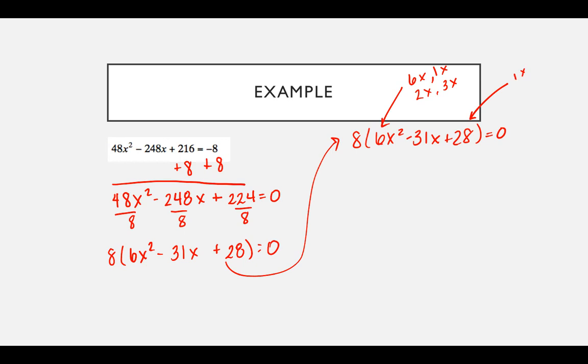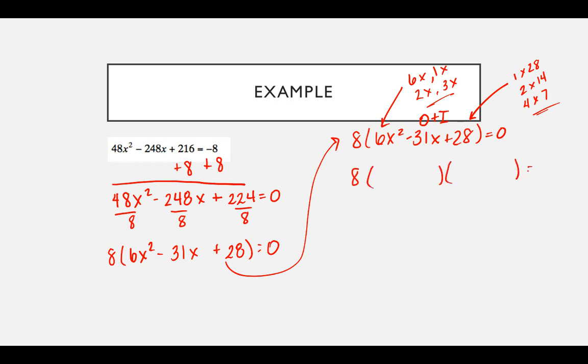So I can get a 28 from 1 times 28, 2 times 14, 4 times 7. And so what I need to do is figure out what combination of these two paired with what combination of these two will give me outside and inside terms that will combine to give a negative 31x. And so it's a little bit of trial and error here.